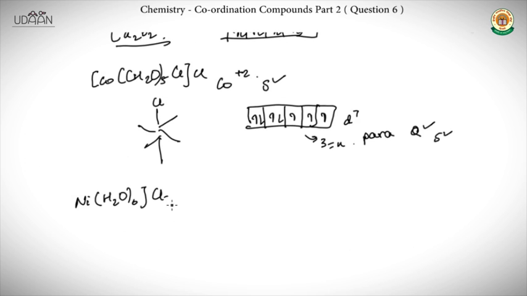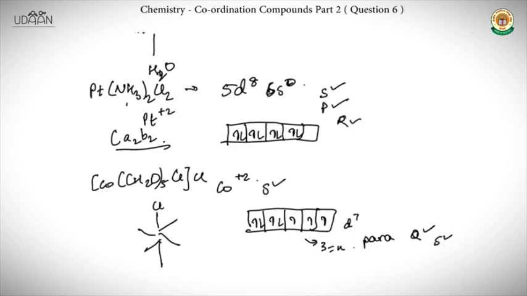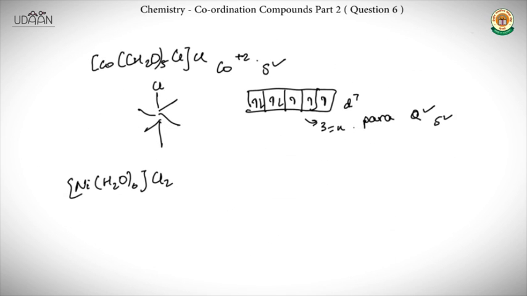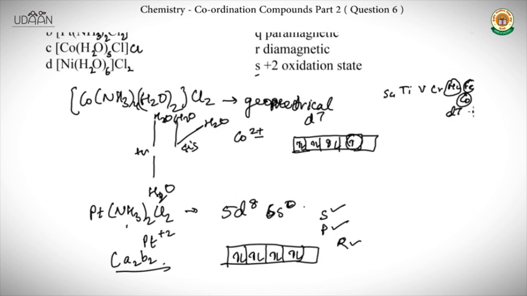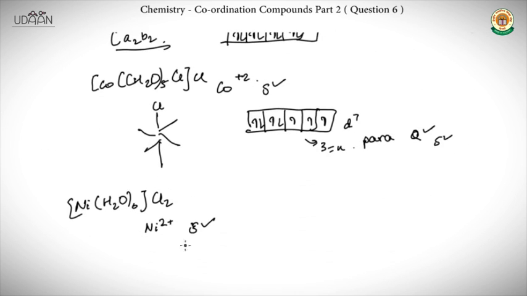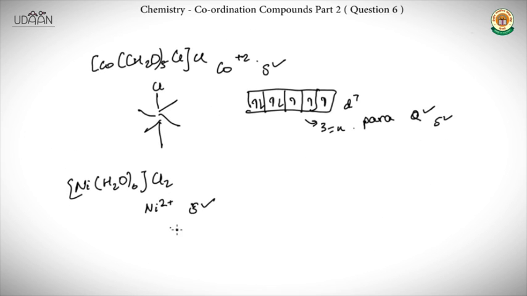The fourth option has [Ni(H2O)6]Cl2. For this option we'll have to check the configuration. This is Ni2+ again, so S is correct again for this case. We know that Ni is a d8 configuration, so this will have d8 electrons.